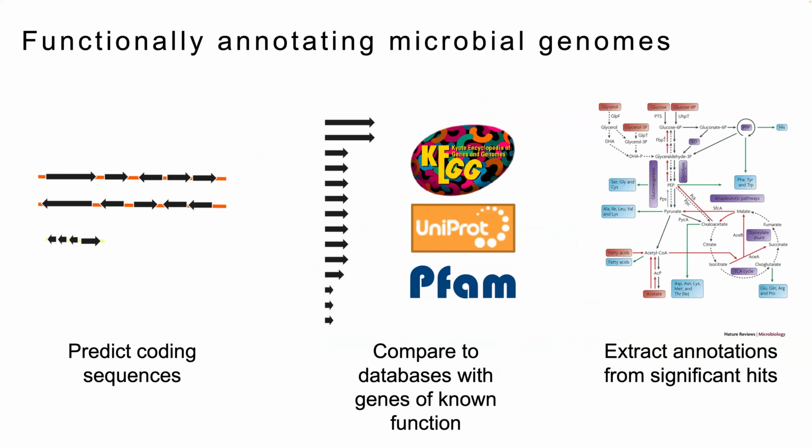So the first step of annotation is to predict those coding sequences, and so we get these genes. From the genes, we then have sequences that we can compare to databases with genes of known function. These are databases like KEGG, UniProt, Pfam, dbCAN, all the different annotation databases, and we'll talk about those in a second. And then from these, we can start to discern which pathways each microbial genome has. That's really, at the most broad level, what genome annotation is.